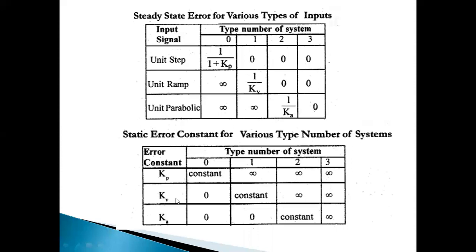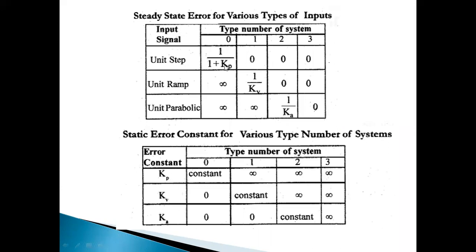The velocity error constant is 0 for type 0 system, where the velocity error constant applies when the input is unit ramp input. The acceleration error constant applies when the input is parabolic input. These are the constant values. If we tabulate the previous derivations, you will get these error constants.